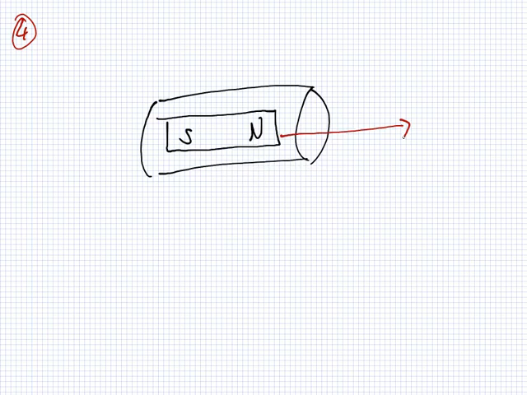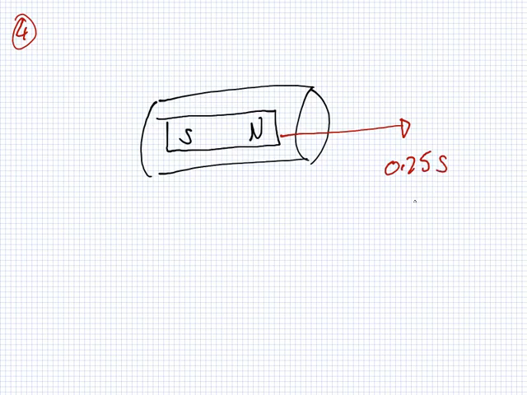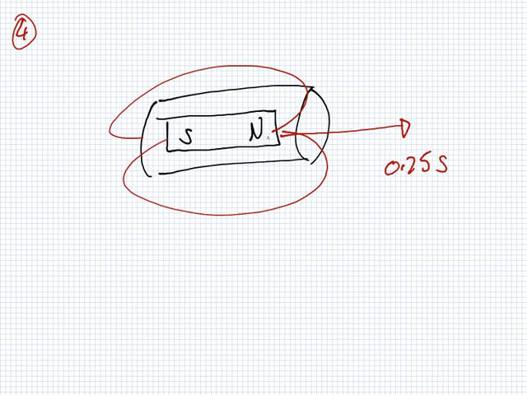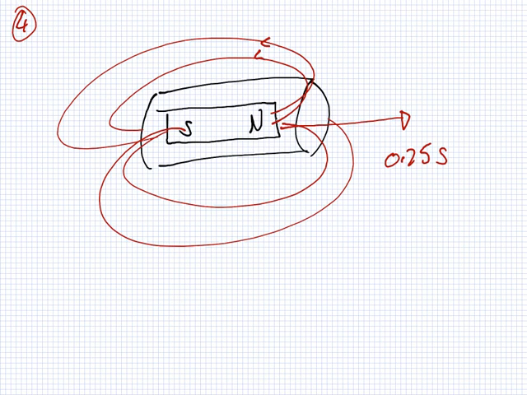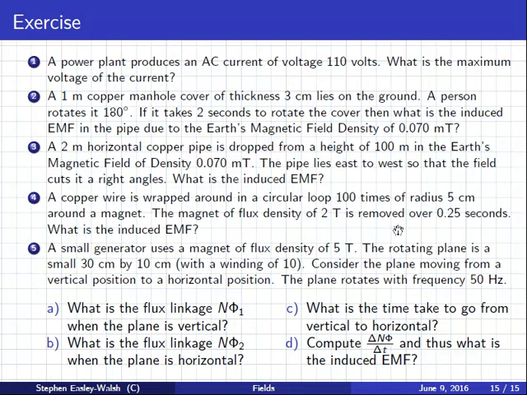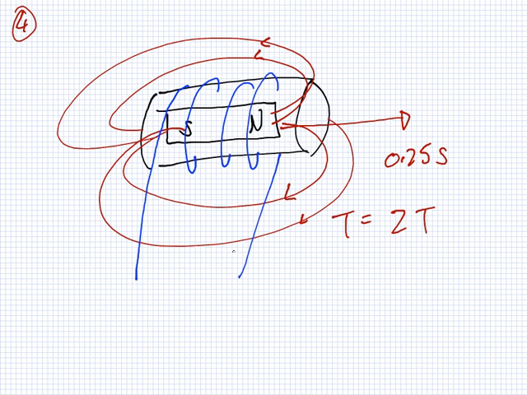So then you take the magnet out, and it takes a quarter of a second to remove it, and the field density here is 2 Tesla, and the wire that wraps around the outside here wraps around 100 times.